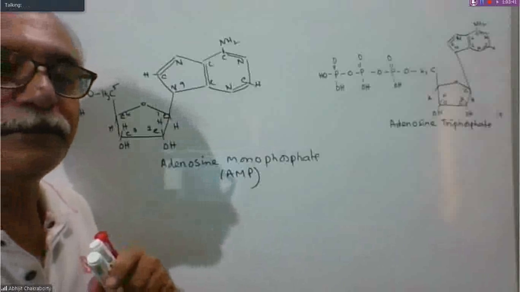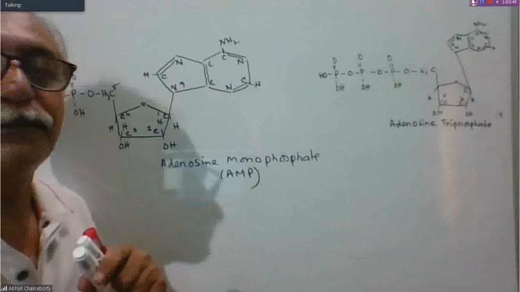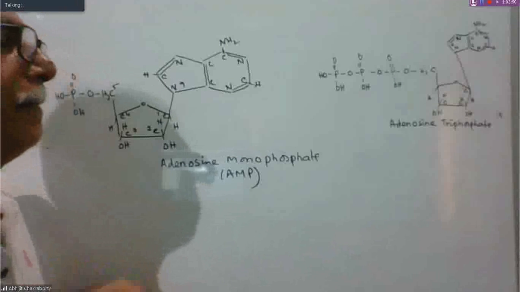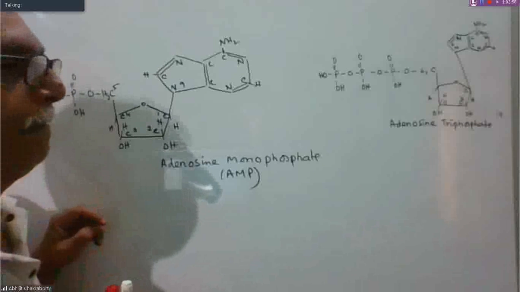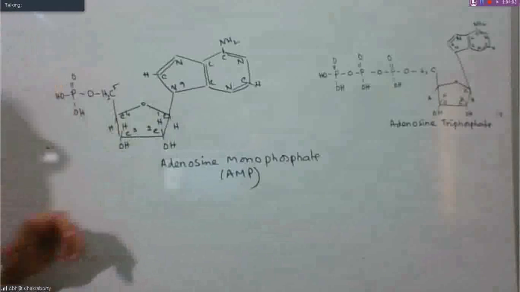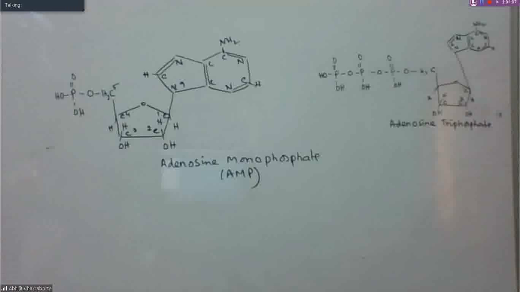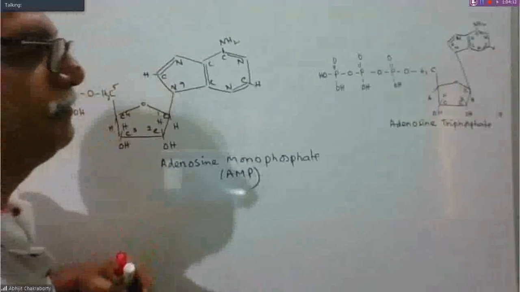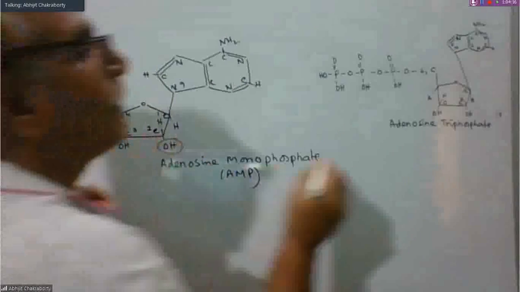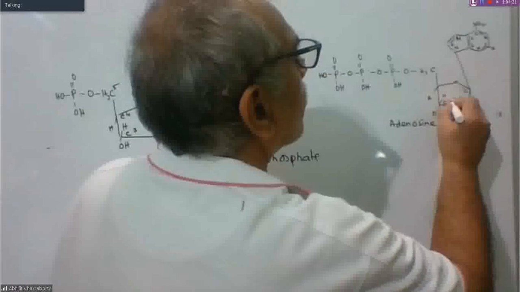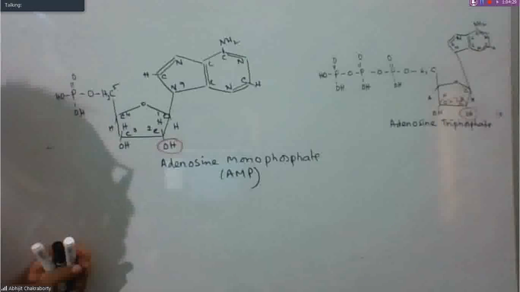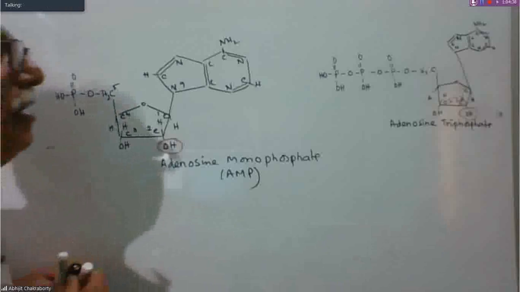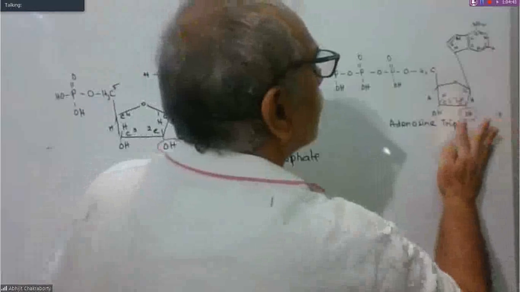Did you understand? Yes, sir. Okay. Is it written by everyone? Clear? Now, look at one thing. If it is a diphosphate, now I have to draw diphosphate.